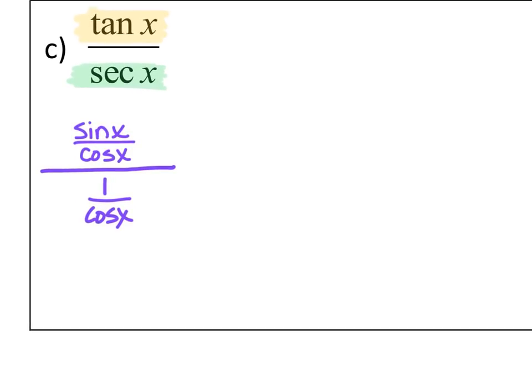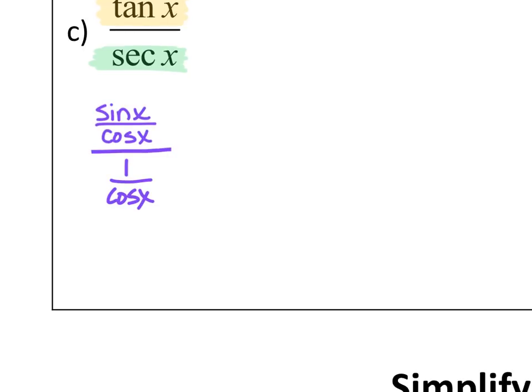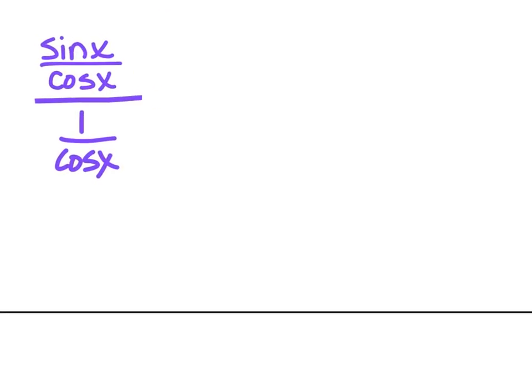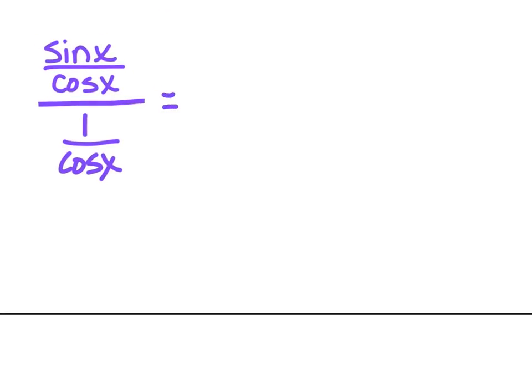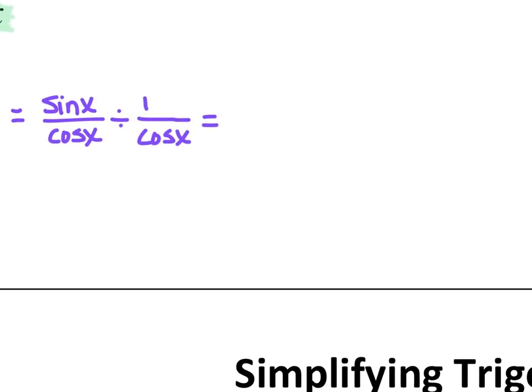First of all, if you don't mind taking a few more steps, we're going to write out the division here, and you know that when you divide fractions, sine x over cosine of x divided by 1 over cosine of x, you change that to a multiplication problem.